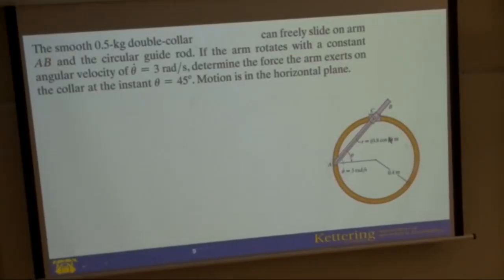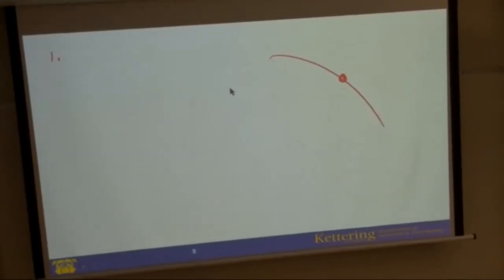Now, for example, there's a particle moving along a curved path. You want to use the polar coordinate system and show the forces and all things on it. First step, for this type of problem, you need to draw the radial axis r and the theta axis.